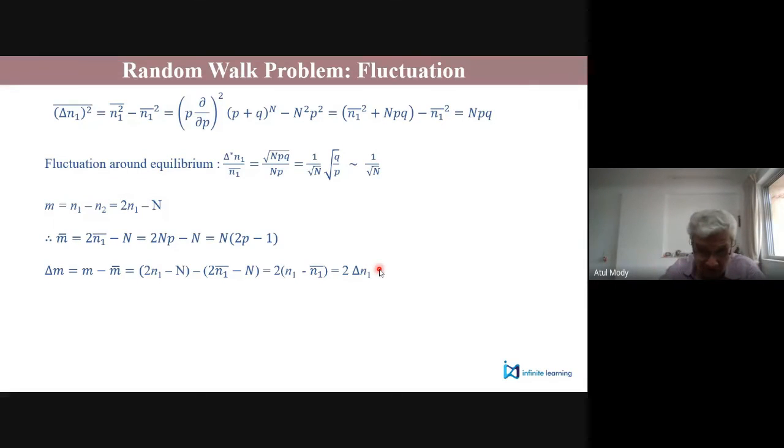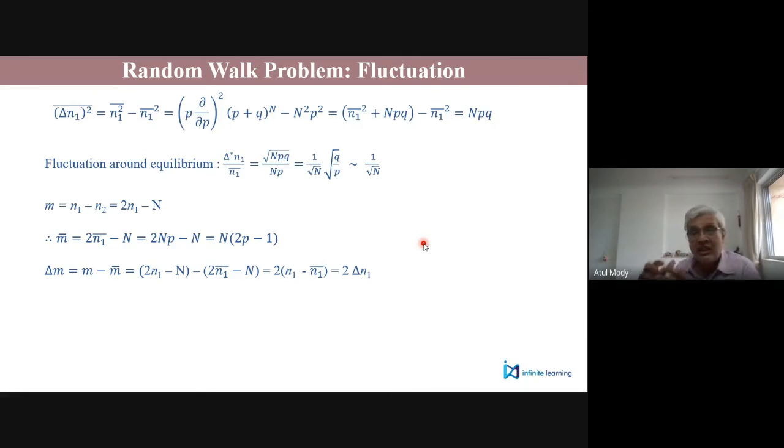Remember, this is a straightforward difference. There, when I said delta star N1, I had taken delta N1 square bar and then taken the square root of that. So there is a difference between delta N1 and delta star N1. There it was the average of squares and then the square root. Here it is directly the difference with respect to the average value.